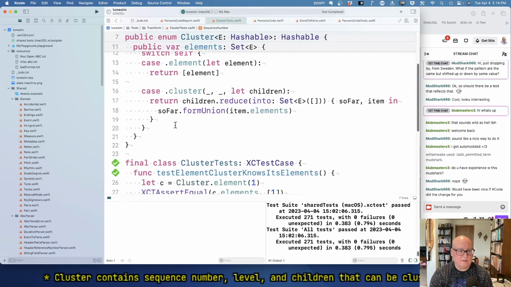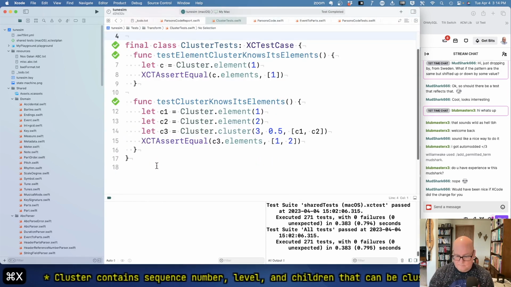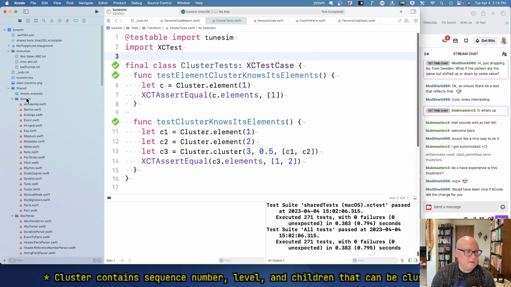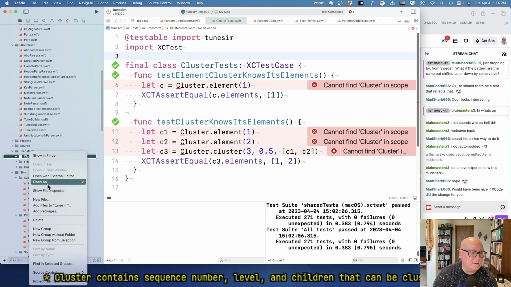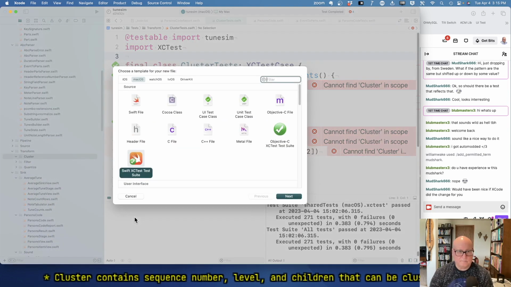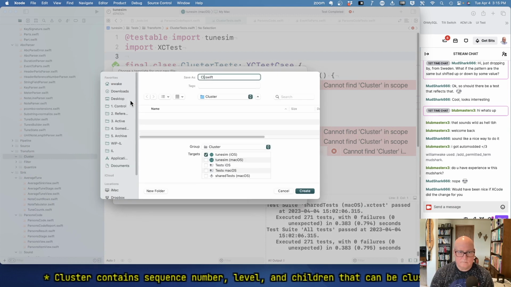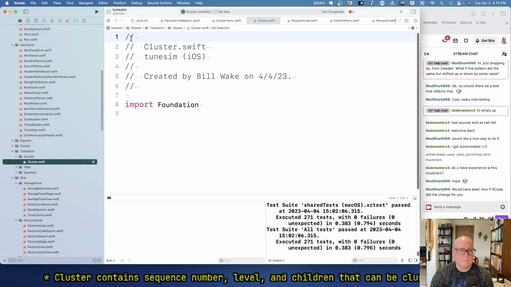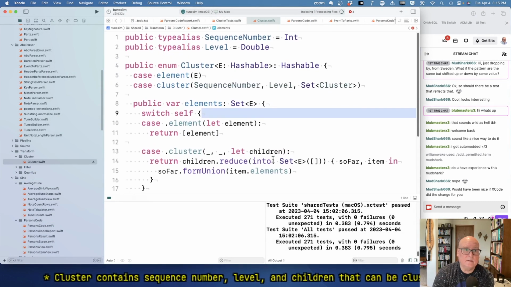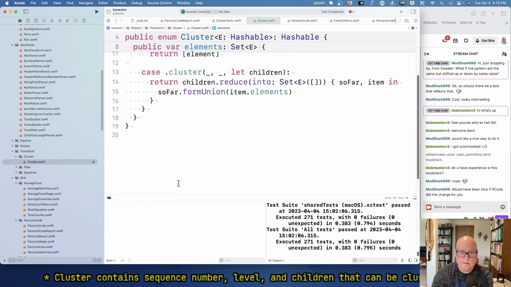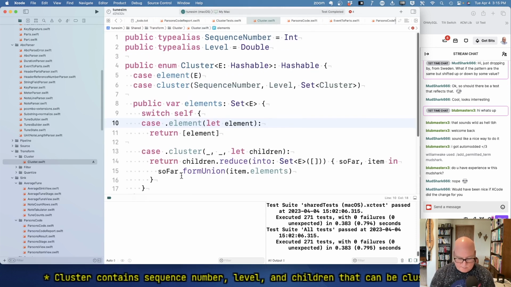Well, let's pull this out first. This should be in its own file. I said I had cluster here somewhere. New file. And I've been getting rid of this stuff where I can. Cluster. All right, and that should all build.